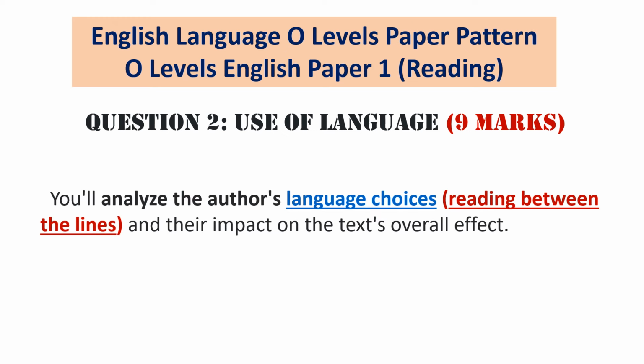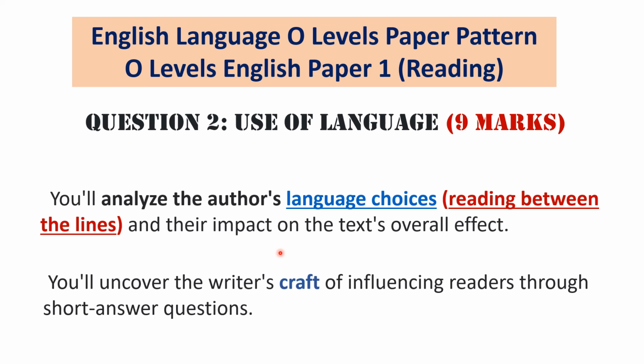Here we actually have to analyze the author's language choice. We have to read between the lines and see the impact of different words or phrases used on the text's overall effect. So you have to uncover the writer's craft of influencing readers through short answer questions.